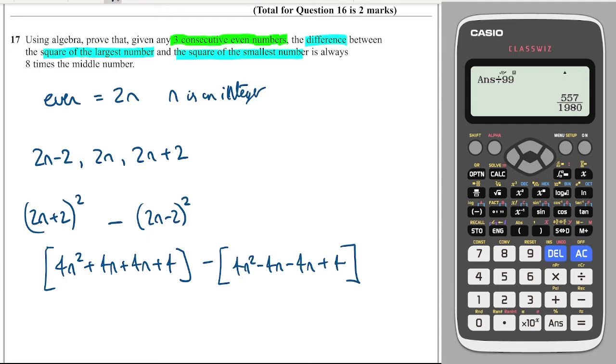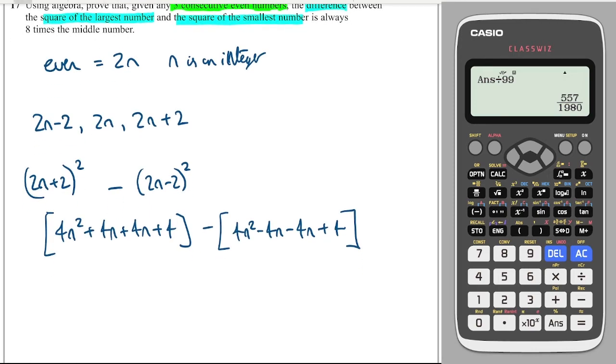Okay, let's look at these one at a time and simplify them first. So 4n squared plus 8n plus 4 minus, I always put them in brackets as well, just so I don't make any mistakes with the signs.